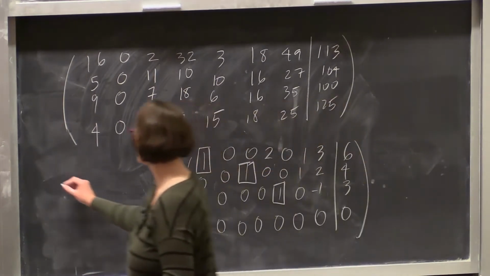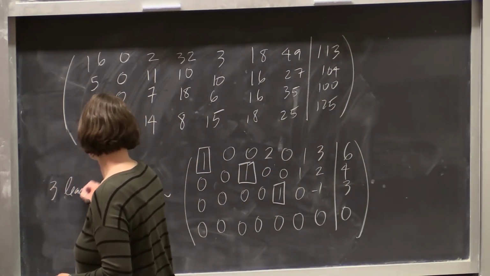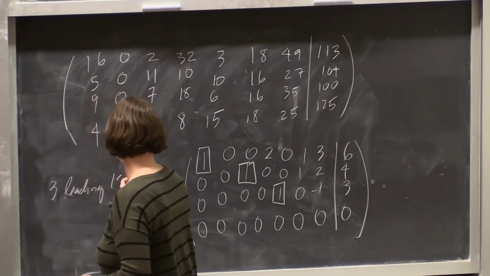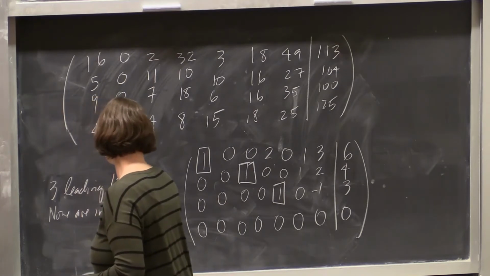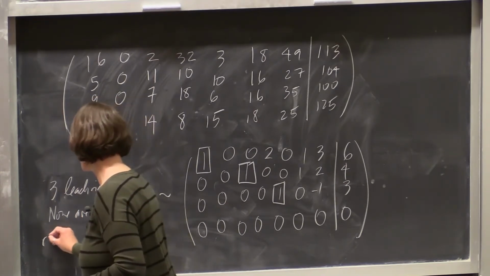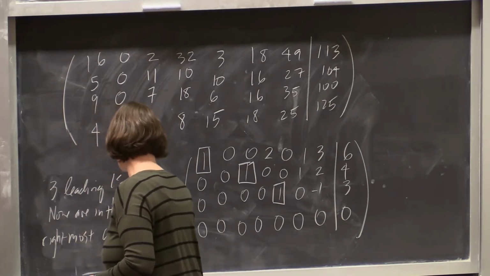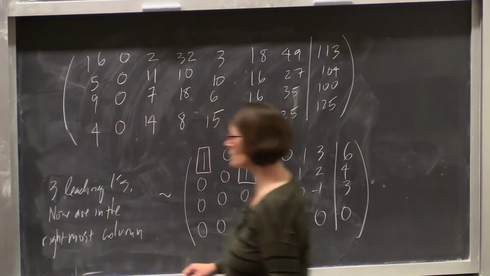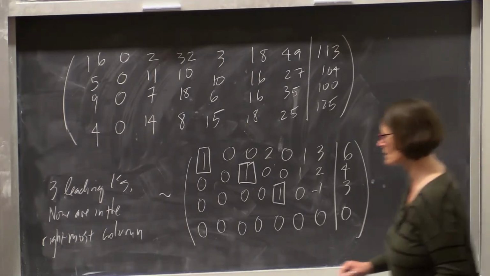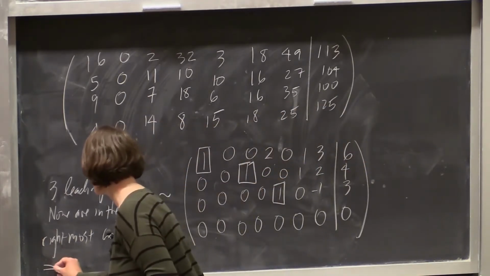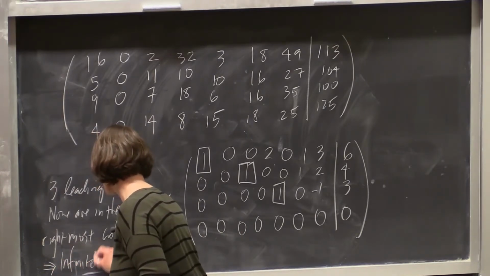So we have 3 leading ones, and none are in the rightmost column. If there were any in the rightmost column, that would correspond to the equation 0 equals 1, no solution. So we're going to have infinitely many solutions.